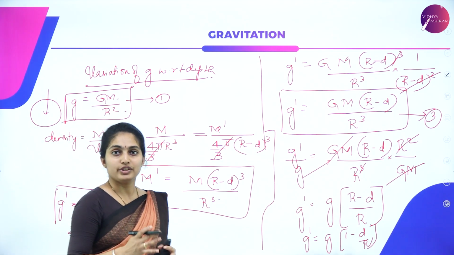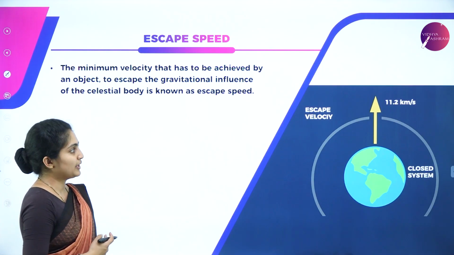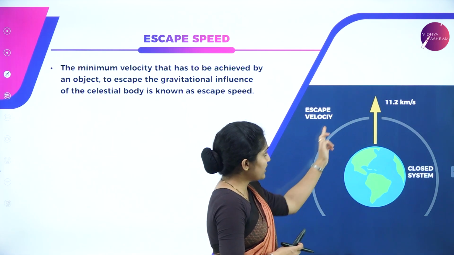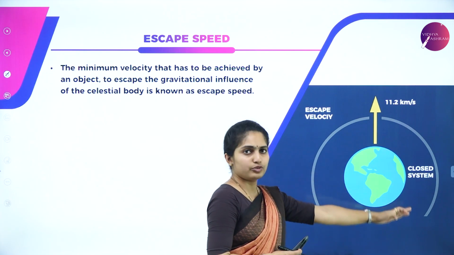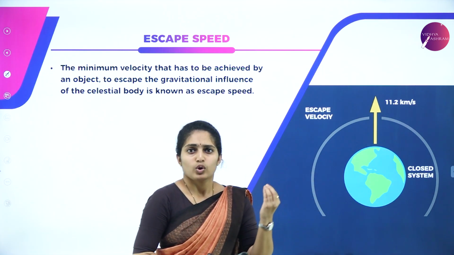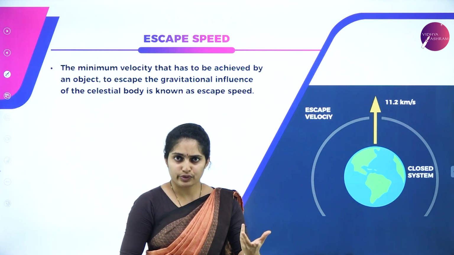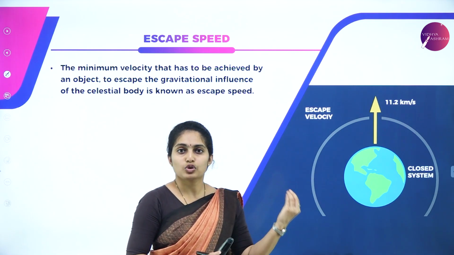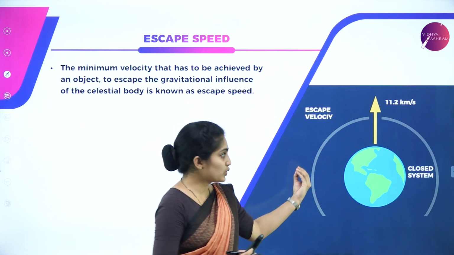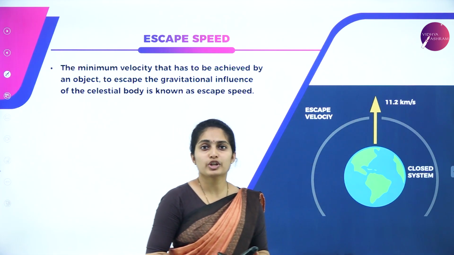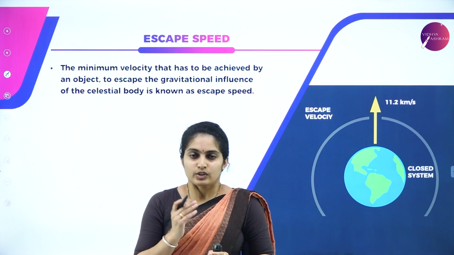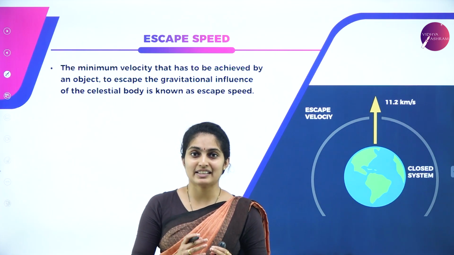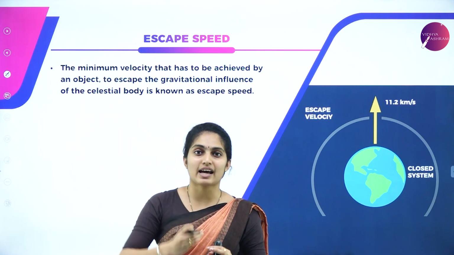Next, let us move to the escape speed. What is escape speed? Here you can see the earth, and a light gray line, which means that once an object is ejected out of the earth, probably a rocket for example, if it has to cross the gravity, it has to reach up to 11.2 kilometers per second. If its speed is 11.2 kilometers per second, then only we can say that it escapes the earth's gravity.